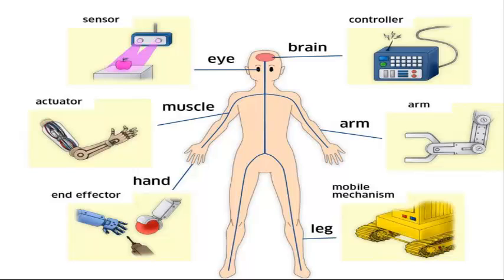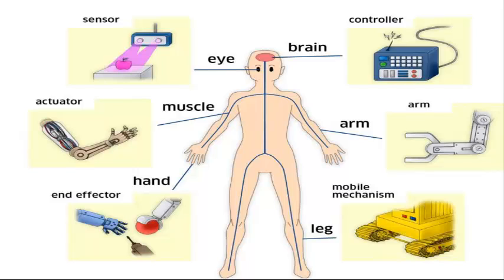The controllers are the major components which control and process the inputs and produce corresponding outputs to the actuators. The eye of the human, you can relate to the sensors we put in the machine, which work like a human eye.